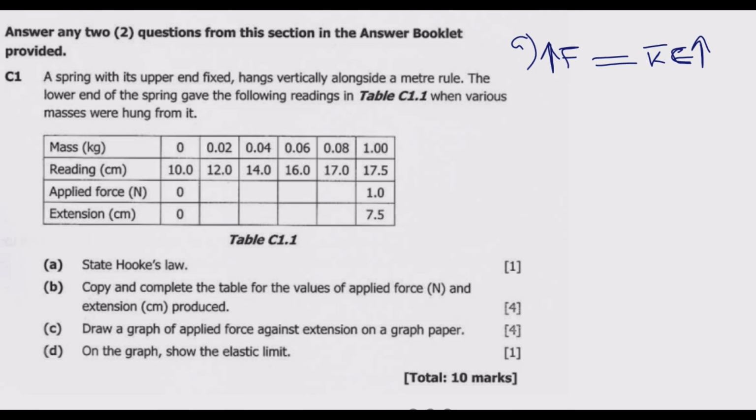So force applied to a spring is directly proportional to its extension, provided we do not pass the elastic limit. If you can't remember the words, just remember this formula. This formula will help you to remember how to explain.